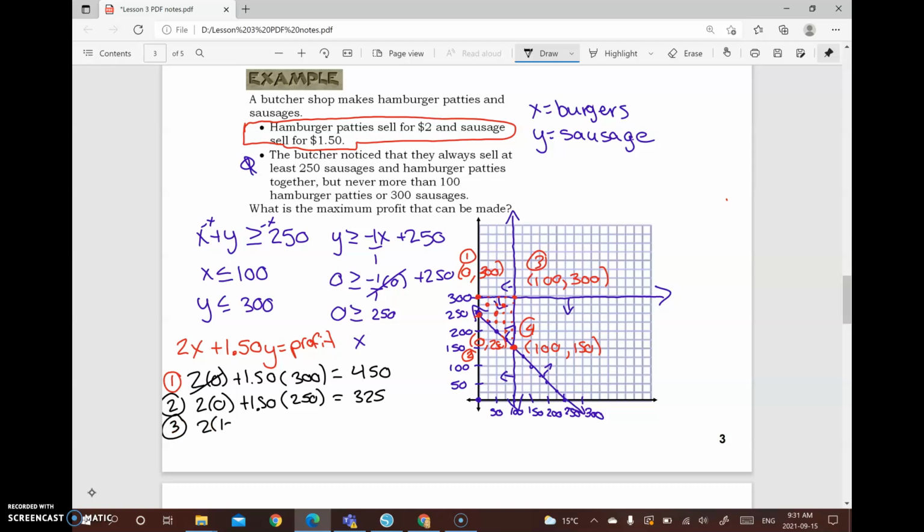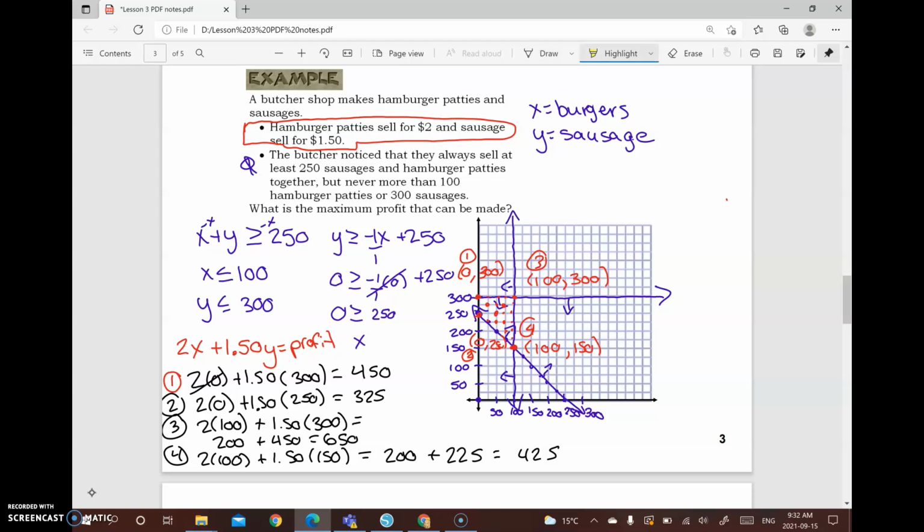Point 3, my x value is 100. My y value is 300. And I get 650. For 4, x value is 100. Y value is 150. And that gives me 200 plus 225. And that's 425.